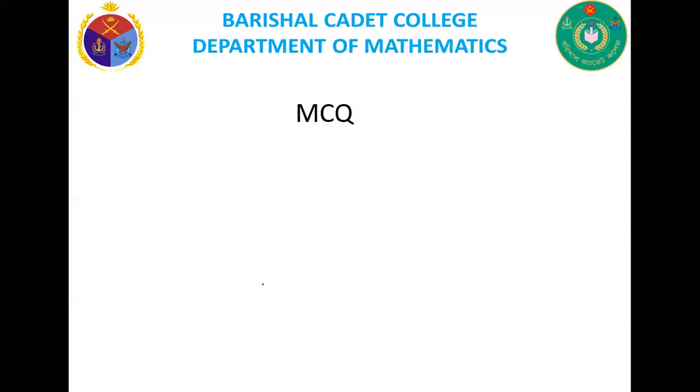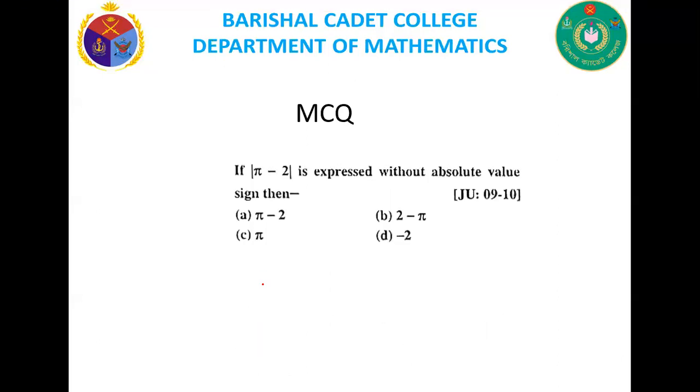Now the next one. If |π − 2| is expressed without absolute value sign, then which one of these is correct? A: π − 2, B: 2 − π, C: π, D: −2. We want to see the explanation. For π − 2, you know the value of π is 3.14.